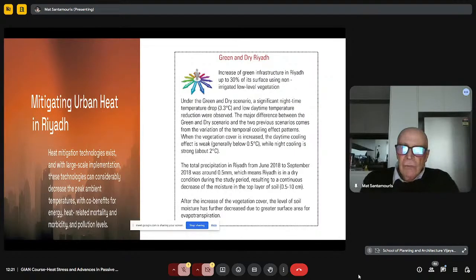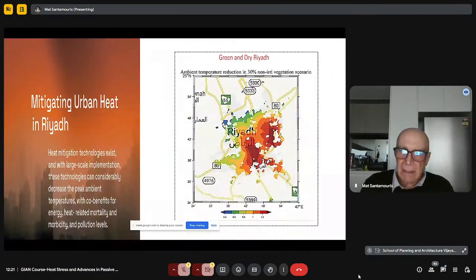And now we move to the use of greenery, non-irrigated greenery, by covering 30% of the additional space in the city of Riyadh.